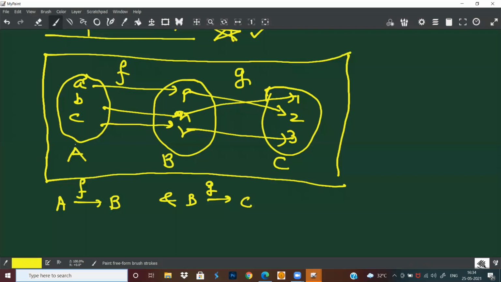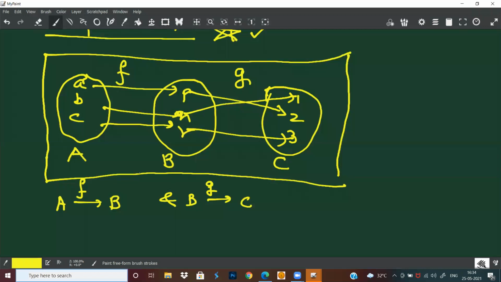So the relation from A to C via B, meaning A is not directly related to C. But A has a relation to C because A is related to B, which is related to C. So that is a composite function. Let me write it down and show you what it is.